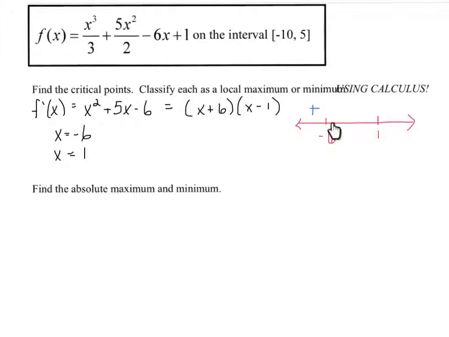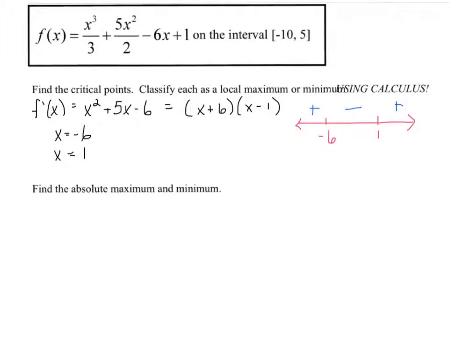Well, now pick a number between negative 6 and 1, maybe 0. 0 plus 6 is positive, but 0 minus 1 is negative. A positive multiplied by a negative is negative. Well, let's do the last section. A number bigger than 1, maybe 10 again. 10 plus 6 is positive. 10 minus 1 is positive. So positive multiplied by positive is positive.